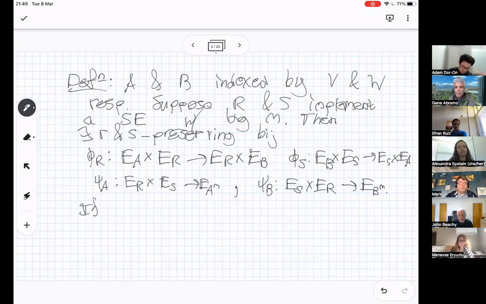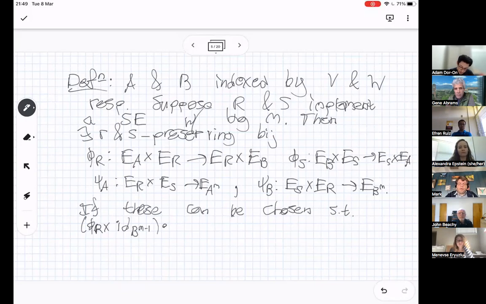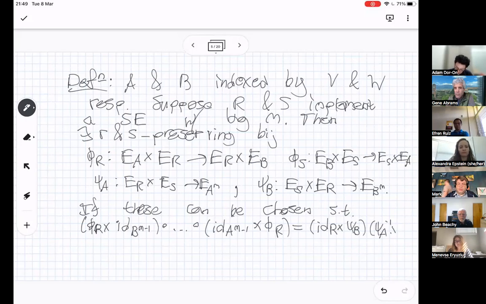So if these can be chosen, let's see, phi R times identity on B to the M minus 1 composed, so on and so forth, up until identity on A M minus 1 times phi R should be equal to IDR times psi B, psi A inverse times IDR.